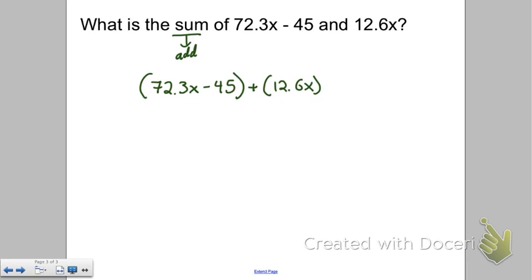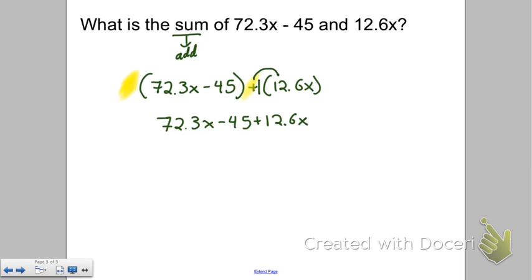Now I'm going to do the same process. In front of this expression, there's nothing, so I can just bring down the 72.3x minus 45. In front of my second parentheses, I have this plus sign. There's an imaginary 1 there, so I can distribute that, and I'm just left with 12.6x.